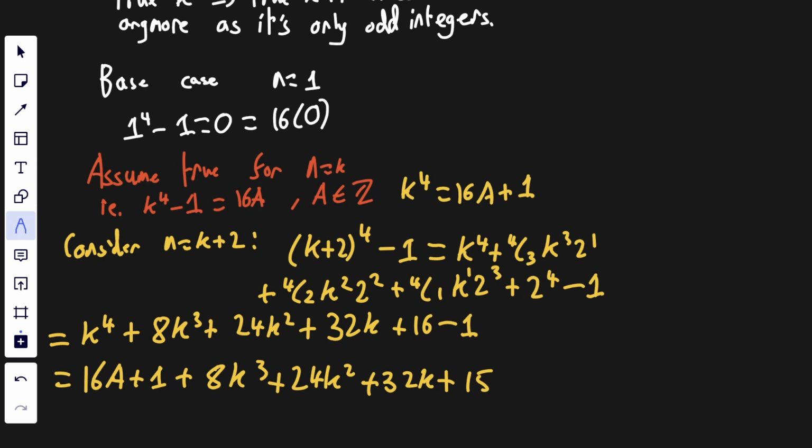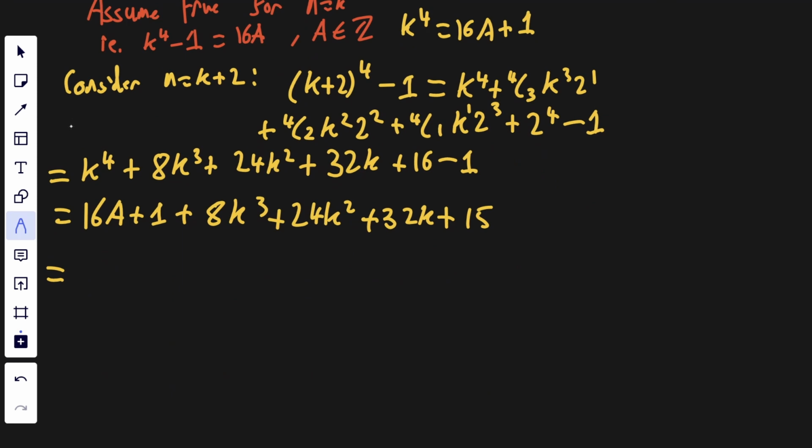Now, we said before that we like to group all of our divisors up on the left side. So when it's done, we put it on the left, and then we only have to deal with the stuff on the right. This has a multiple of 16, which is 16a. So we can write this here as 16 times a. Grouping this up with the 15, we get a 16, so we get a plus 1 when we take the factor of 16 out.